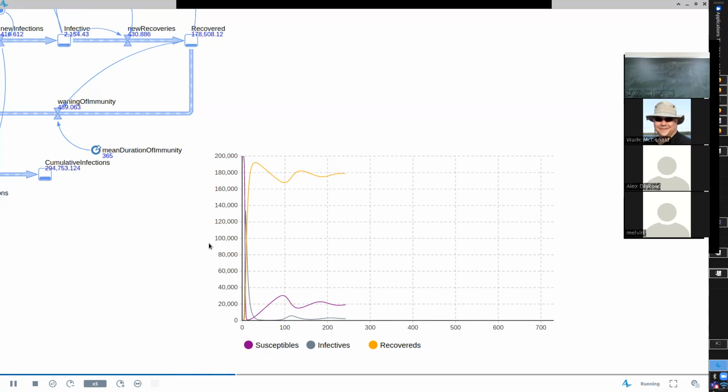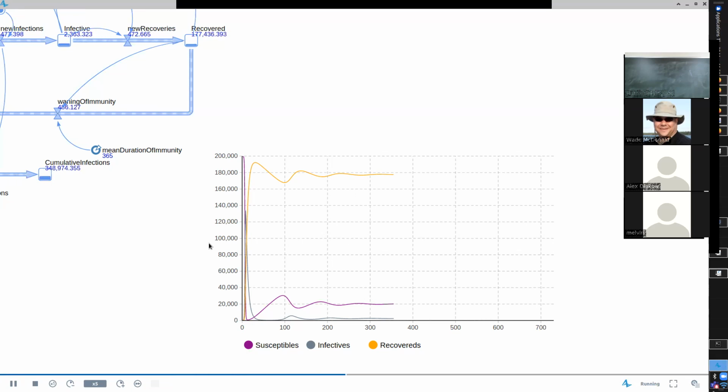It rises up, and the fact that we have a lot of susceptibles around allows what to happen? A secondary outbreak, right? That rises up, drains the number of susceptibles, and sets the stage for a decline in the number of infectives, which lets the susceptibles rise.